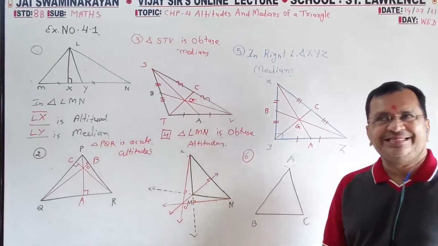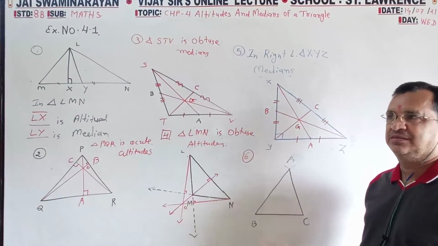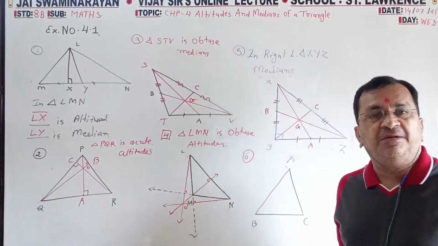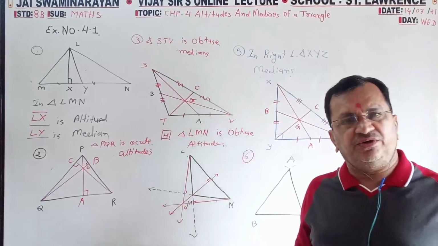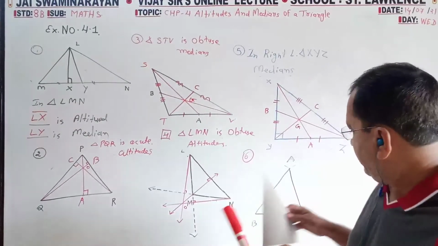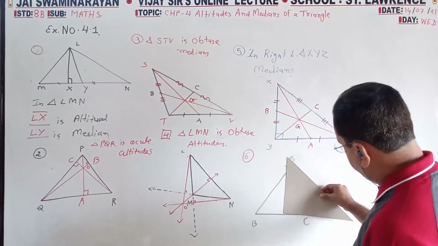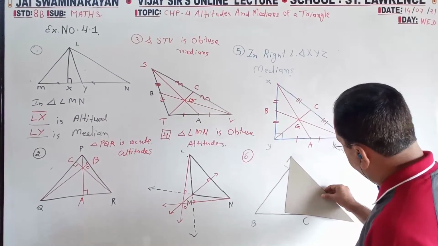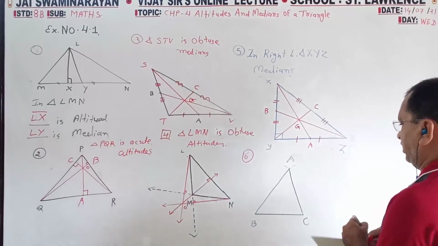Now for an isosceles triangle, the median and altitude on the base are the same. So the median and altitude are the same.